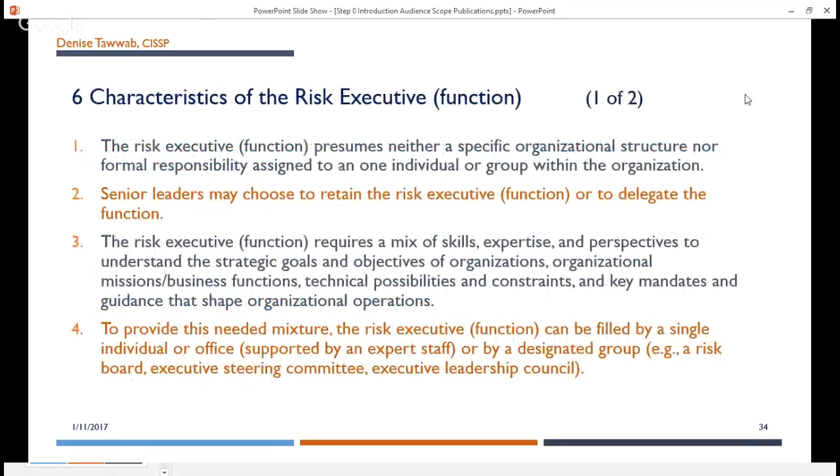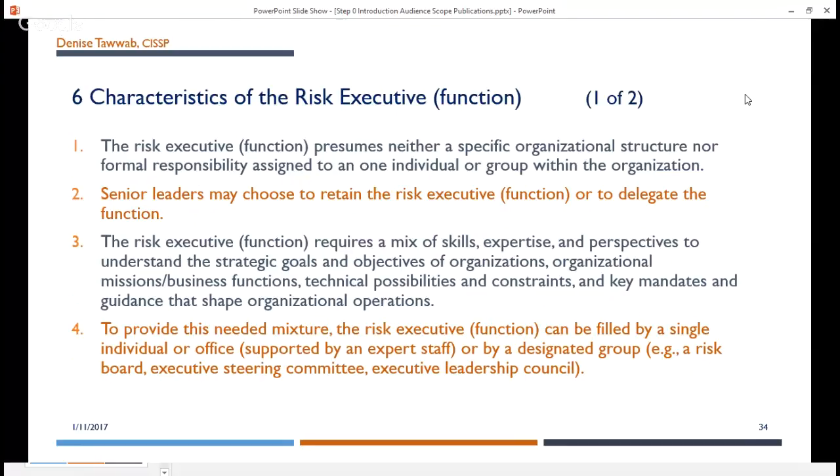Okay, some characteristics of the risk executive function. One, the risk executive function presumes neither a specific organizational structure nor formal responsibility assigned to one individual or group within the organization. Senior leaders may choose to retain the risk executive function or to delegate the function. It just depends on how much time they have to deal with information security risk.